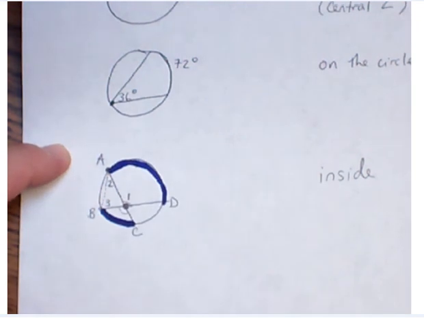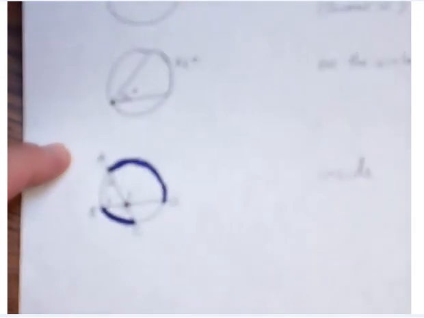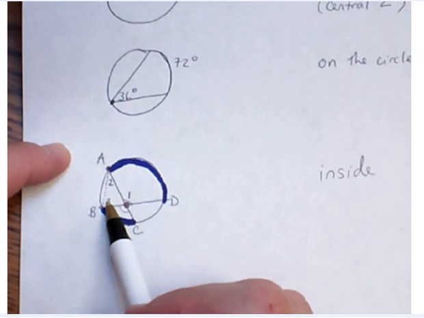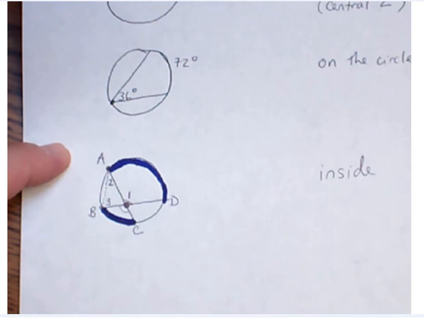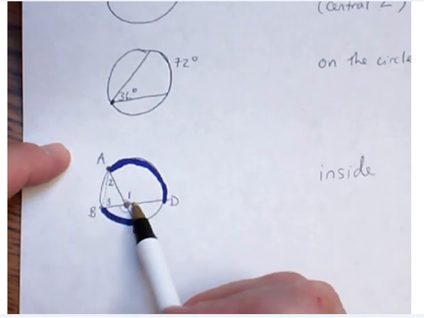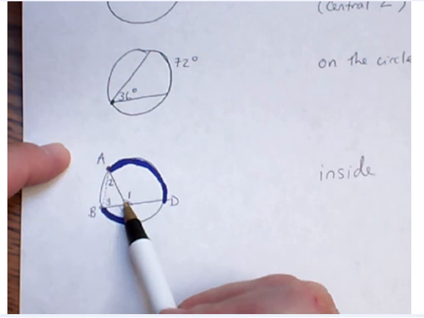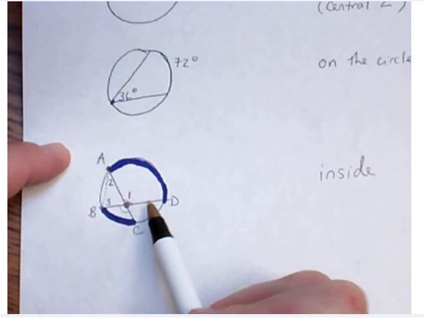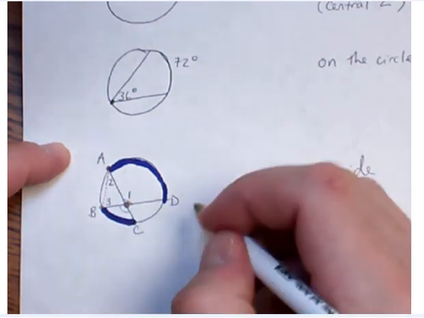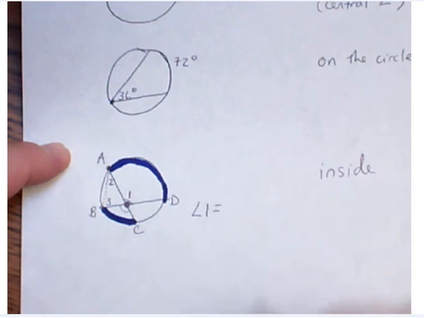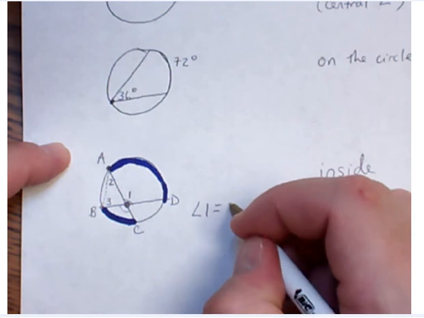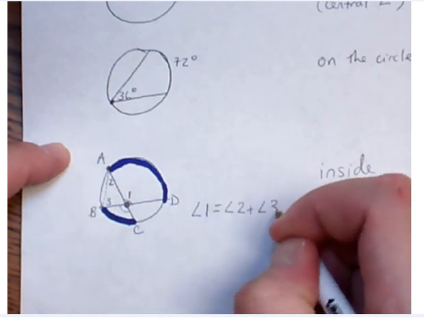Now, angle 1 is an exterior angle of this triangle. If we extend this side here, we're creating angle 1. There's a relationship that this exterior angle, angle 1, equals the sum of the two remote interior angles. So that equals angle 2 plus angle 3.